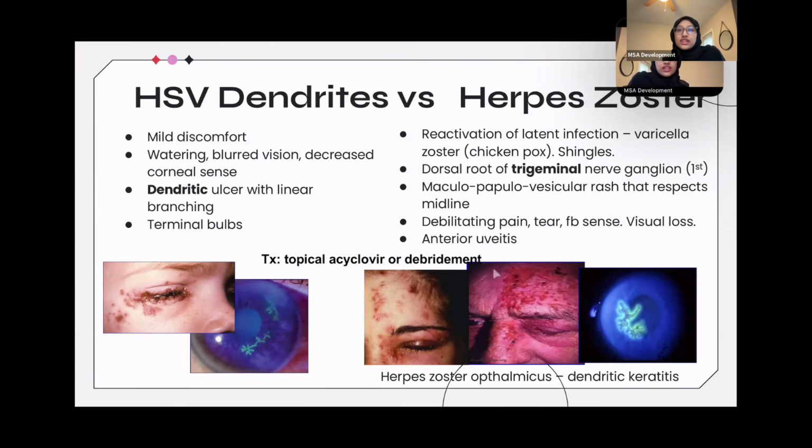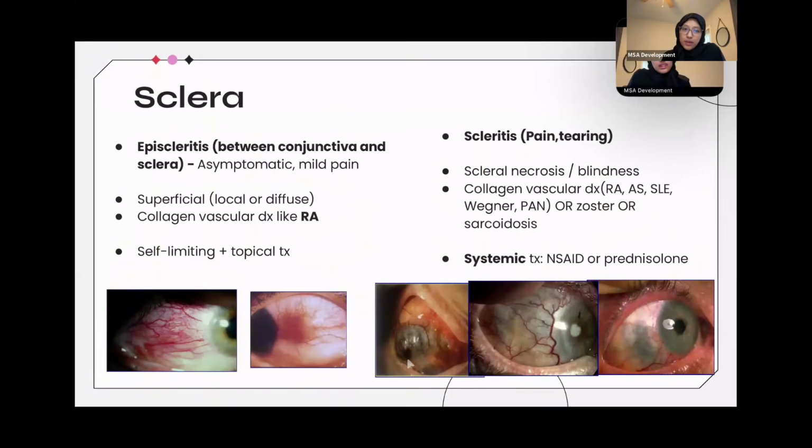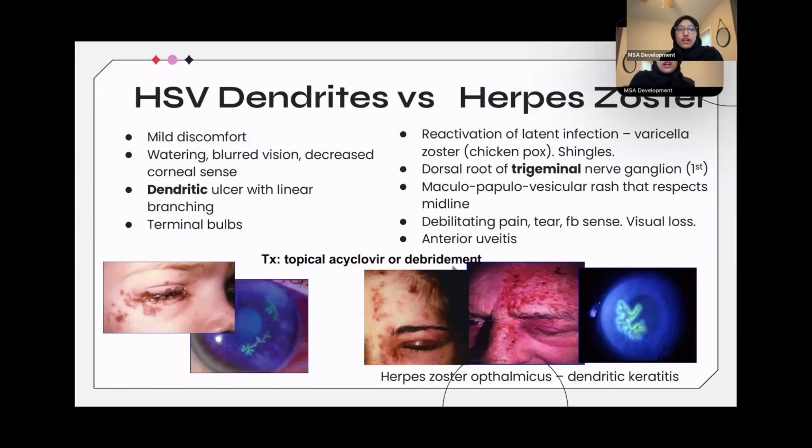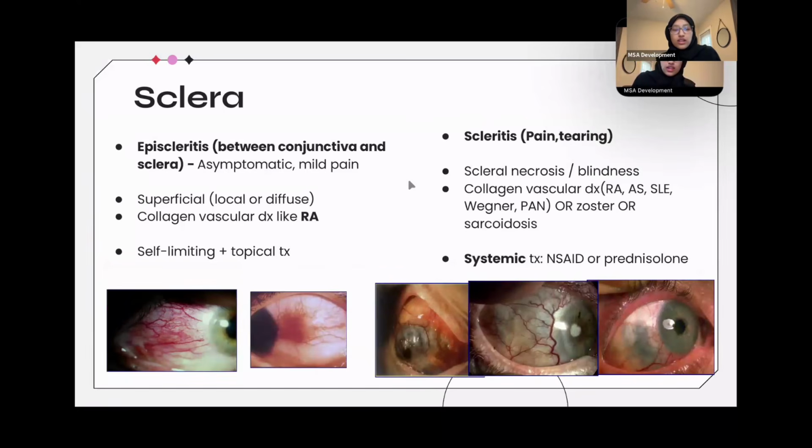The treatment for this is antivirals like acyclovir or debridement of the face and the rashes. They're very painful. Another name for this is herpes zoster ophthalmicus. Very debilitating pain.